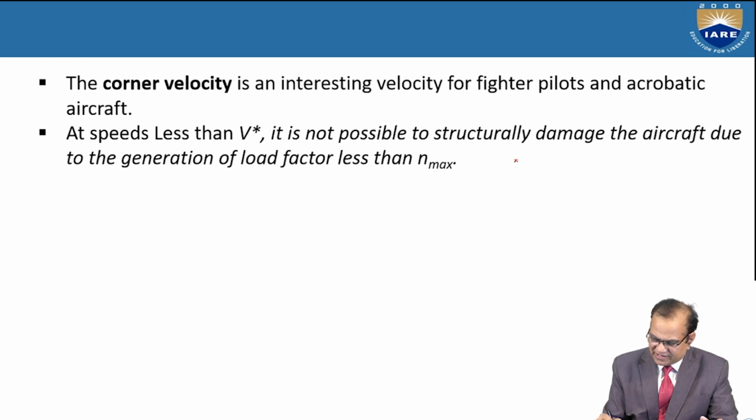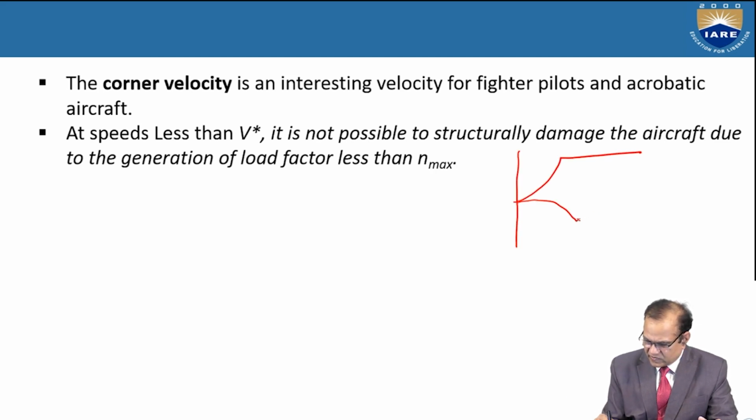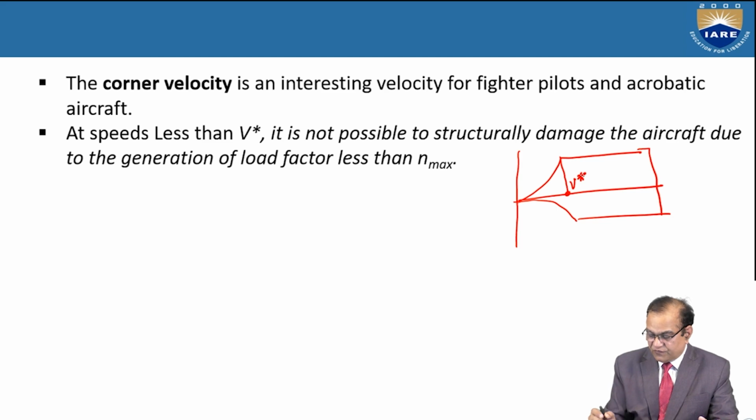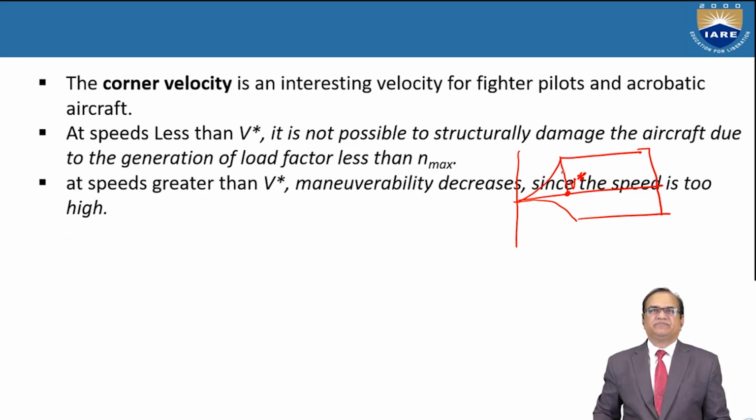So if I draw again, this is the V star here. If we fly at V star, structural damage will not take place. Very safe to fly the aircraft because the aircraft is not generating the load factor more than N max. It is less than the maximum.